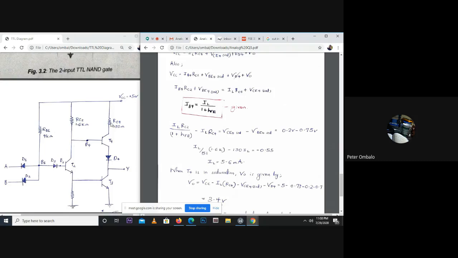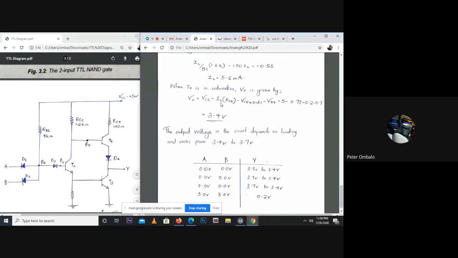We now know the current that is flowing through the collector of transistor T4. So we have all the other parameters, and now we can get the discrete value of what our output is going to be.